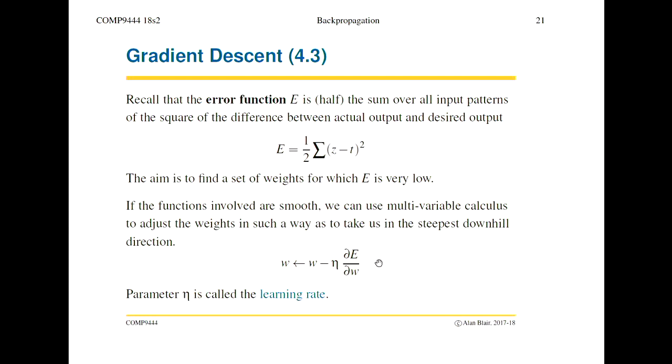And in fact, if dE by dW is 0, then I don't change that weight at all because it's not going to have any effect on E. So what this does is it changes each weight according to how big an effect it's going to have on the error.